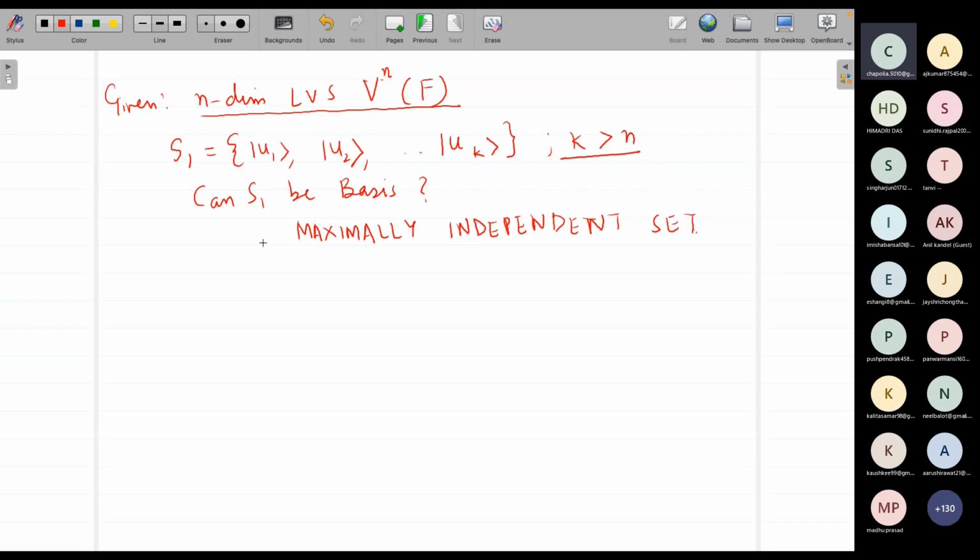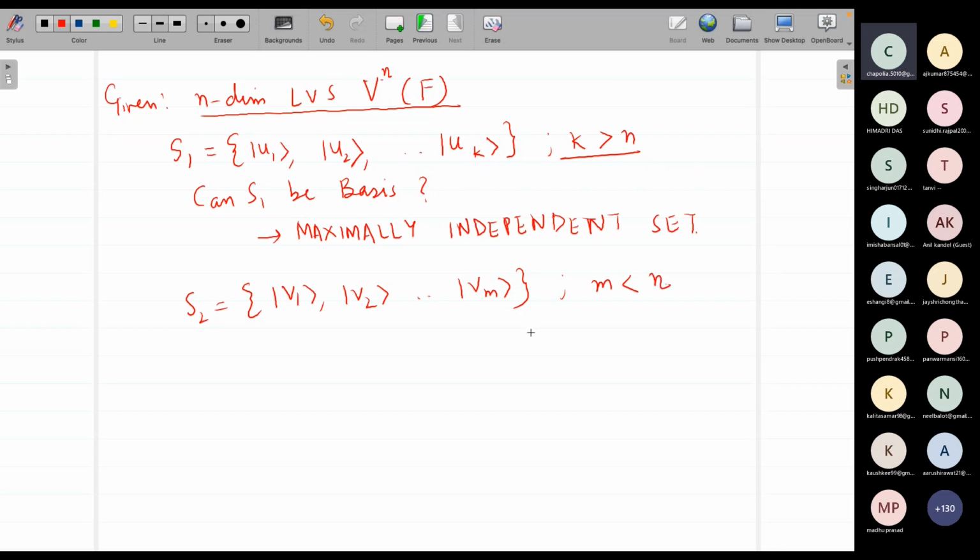So sometimes we call the basis the maximally independent set. Okay, S2, another one: we have v1, v2, ..., vm in the same n-dimensional linear vector space such that m is less than n.